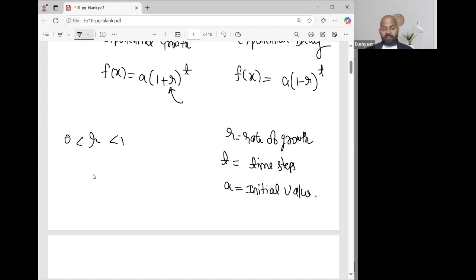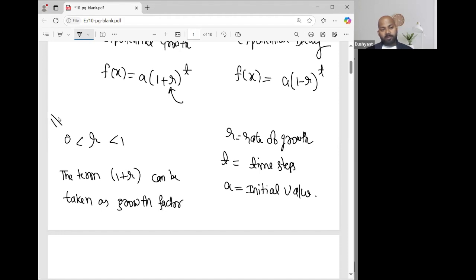So here 1 plus r, the term 1 plus r in the bracket, can be taken as the growth factor. So if someone asks you what the growth factor is, it is 1 plus r. t is the time steps, which is the number of times the growth period is to be multiplied. Similarly, 1 minus r is the exponential decay factor for the decay case.